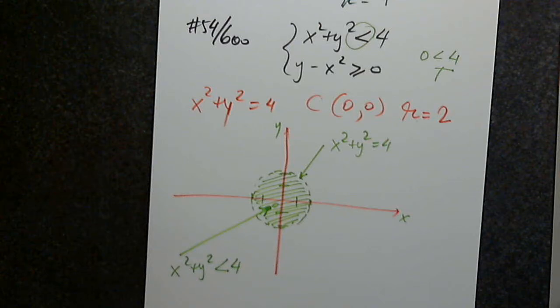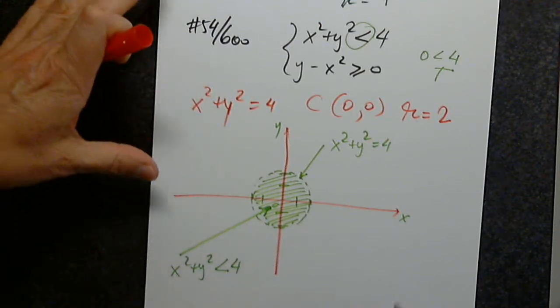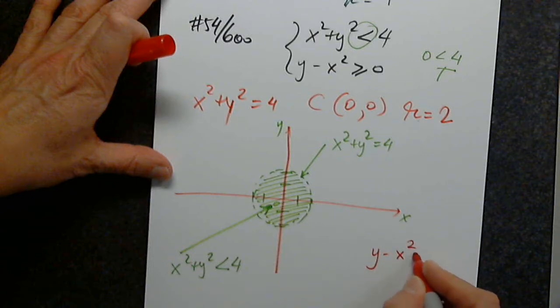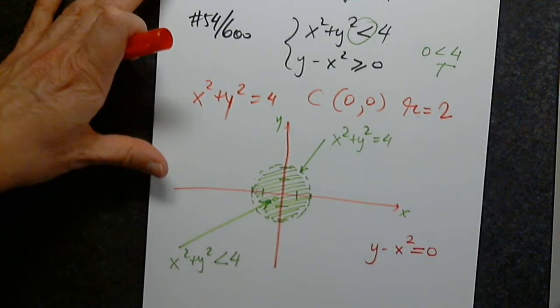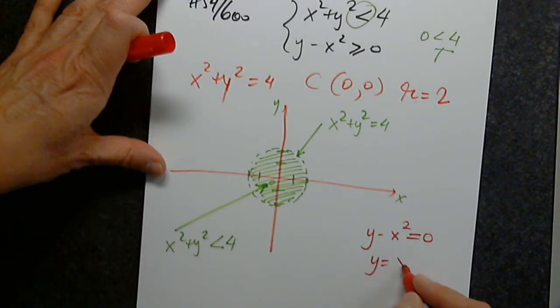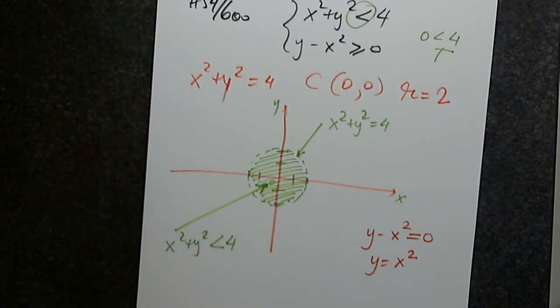Okay, now we have the other one. y minus x squared equals 0. But that is y equals x squared. And we have so much experience with this function, with transformations, with polynomials. How do I graph y equals x squared? Exactly.